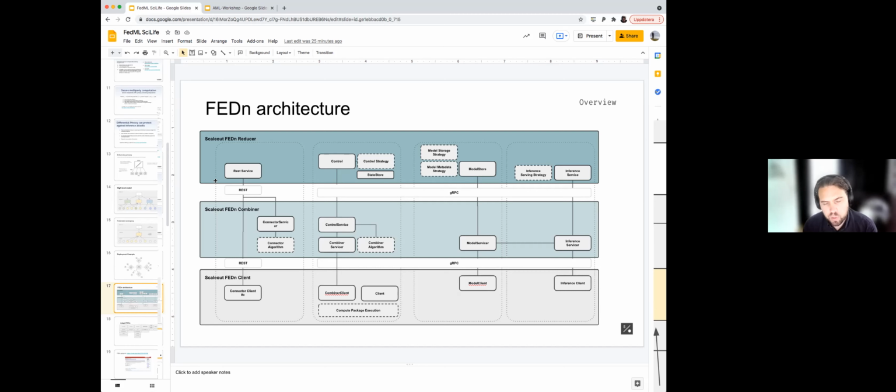We also have a very modular and pluggable architecture. As a user, it should be possible to modify or replace the aggregation algorithms and also modify the global control strategy. If you are a developer, all of this is possible, and you need to know a little bit of software engineering, but it's nothing super fancy.